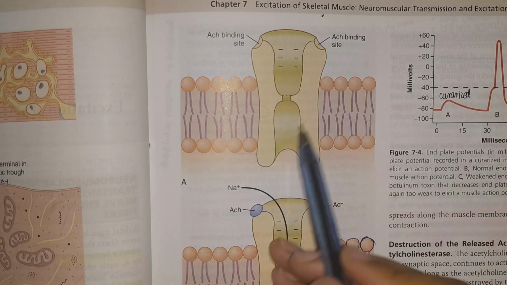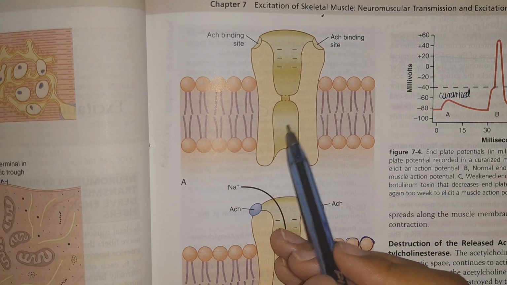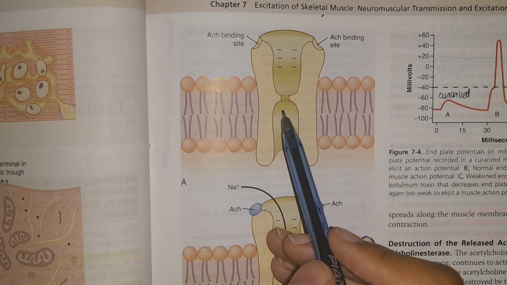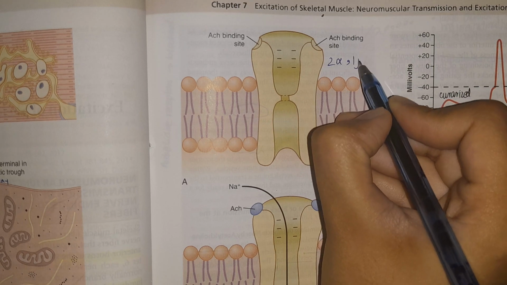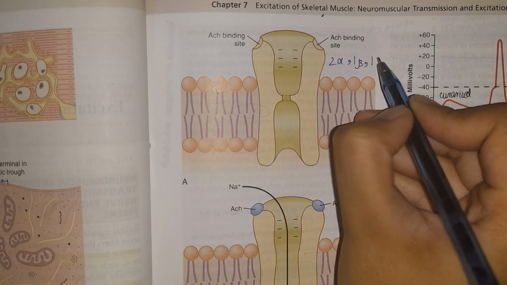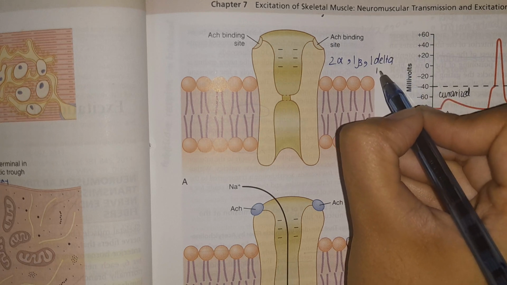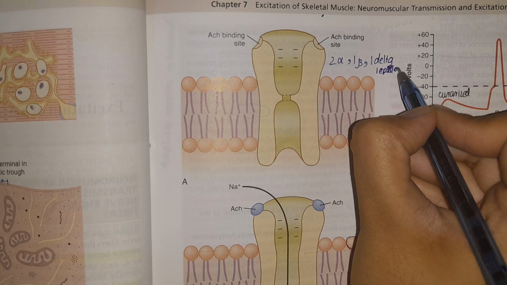So now we will consider this as the acetylcholine receptor. This was a 275,000 molecular weight substance, and it has 2 alpha, 1 beta, 1 delta and 1 epsilon in the adult one.